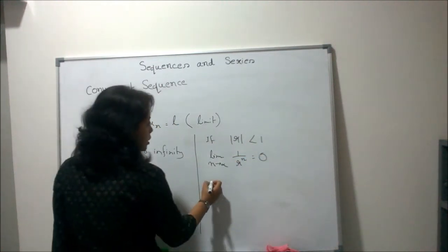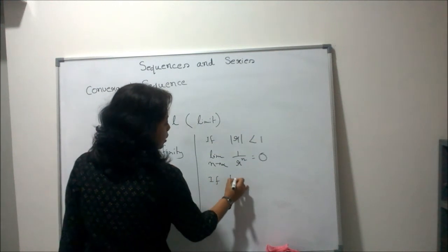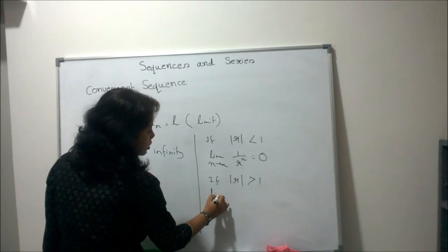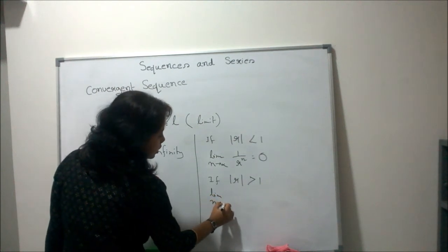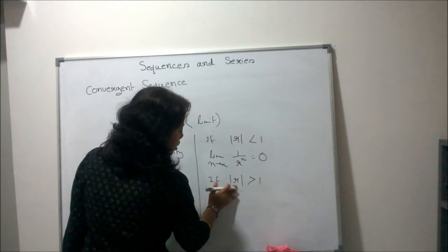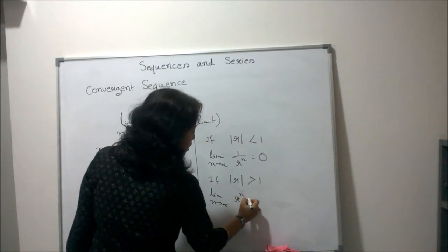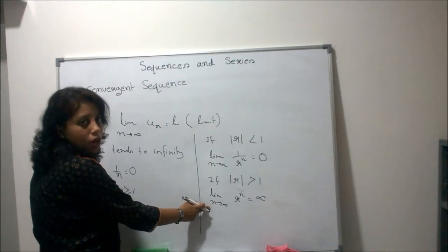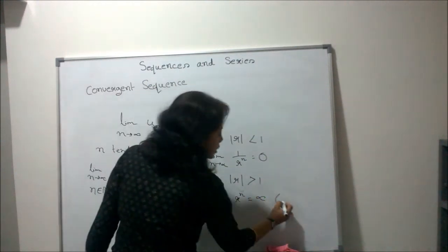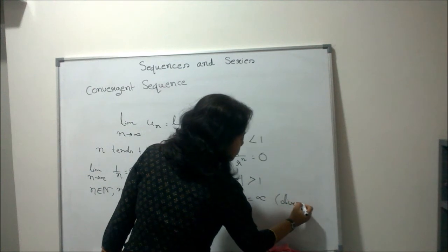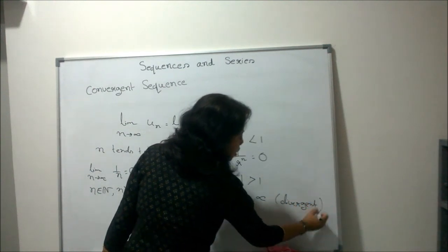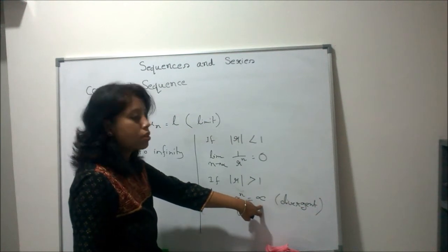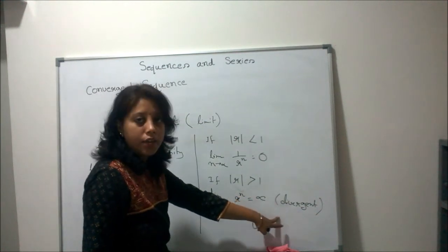And if the numerical value of r is greater than 1, then limit n tends to infinity r to the power n is infinity. It means the sequence doesn't converge. It doesn't have a definite limit, so it is not convergent. That means it is divergent.